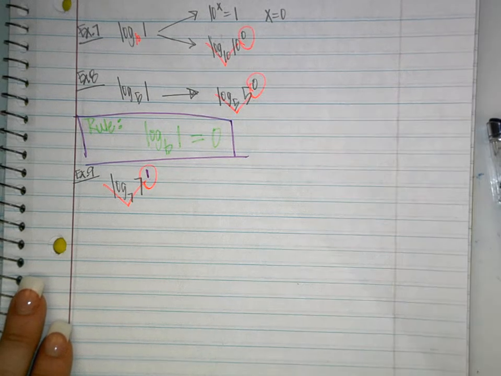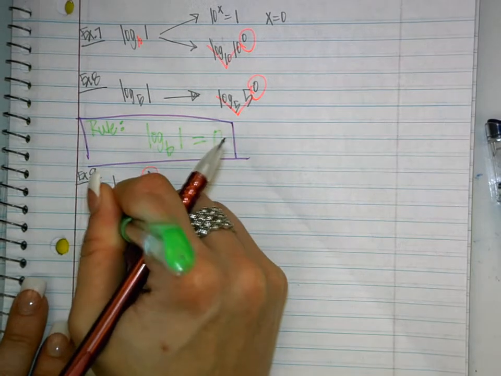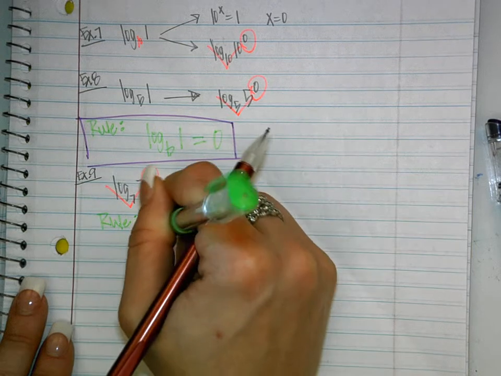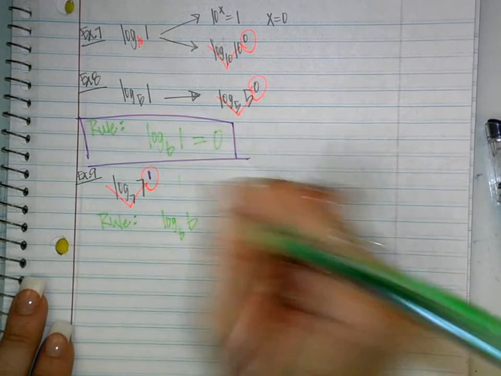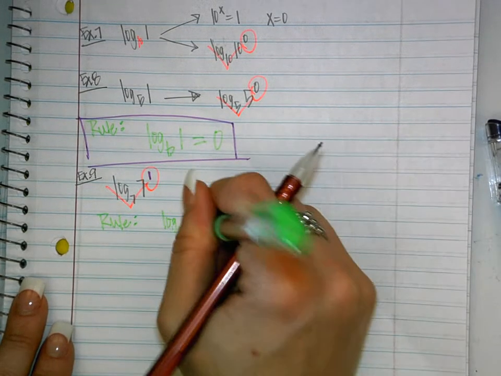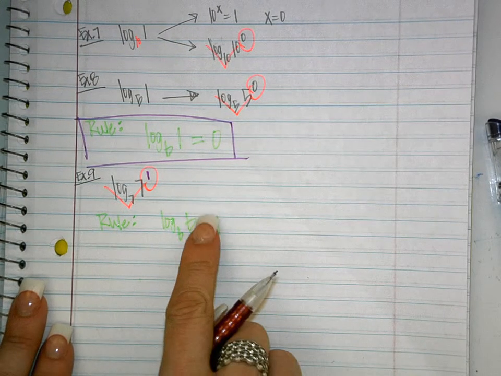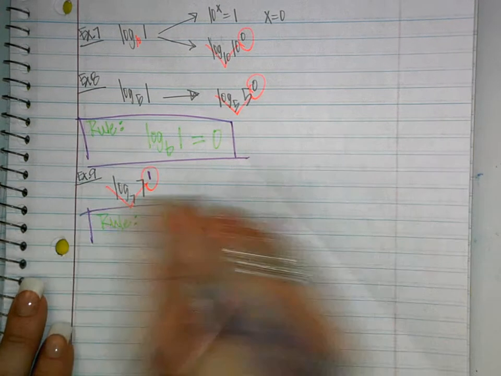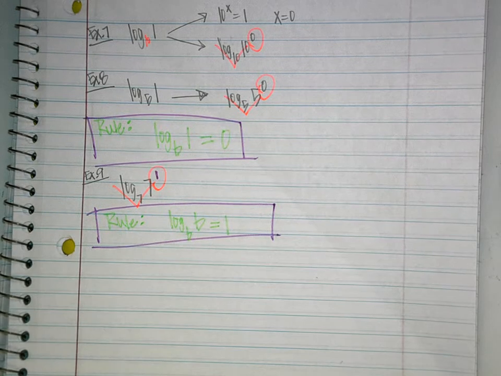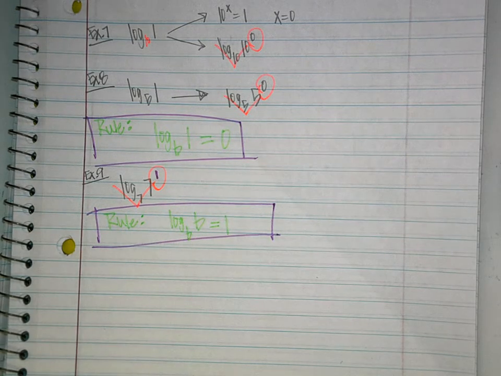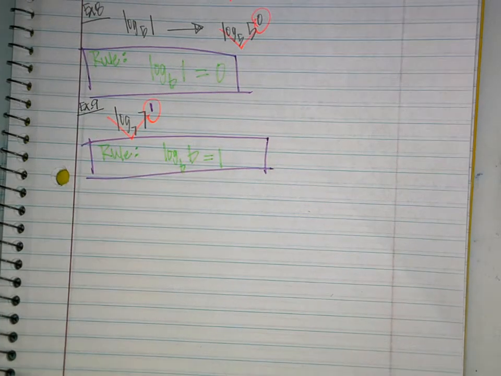Okay, so this is another rule. And the rule basically says that log of any base to the same answer equals 1. Okay, so anytime the exponent is missing, it's always presumed to be an exponent of 1. Questions on how I did that?